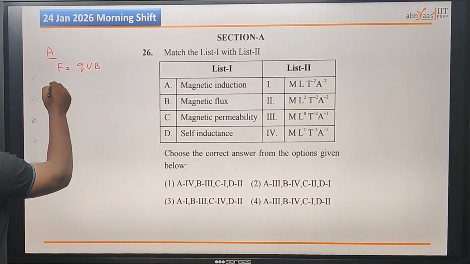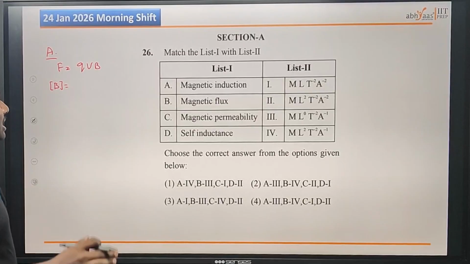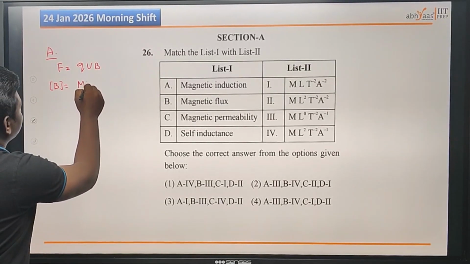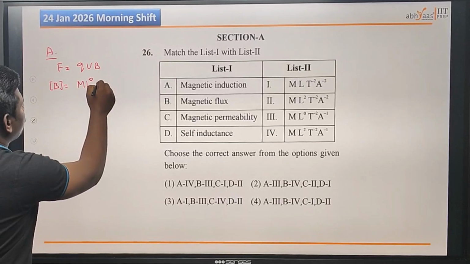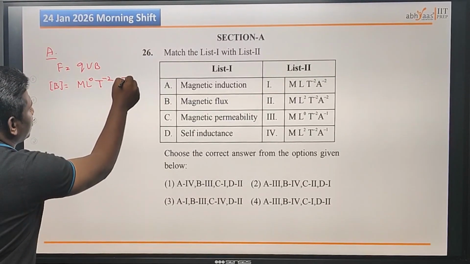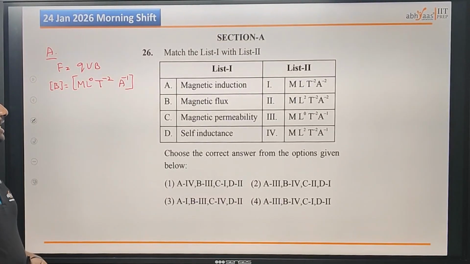From this, if you want to find the dimensional formula for magnetic induction, you can say M L to the power 0, T to the power minus 2, A to the power minus 1. This is our dimensional formula for magnetic induction.